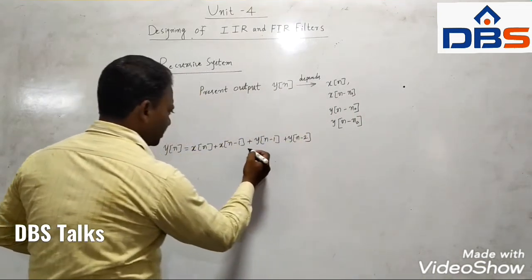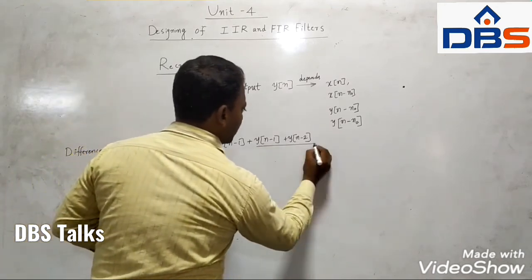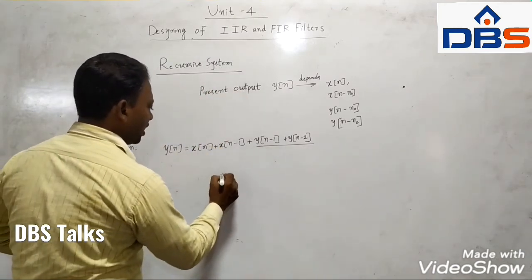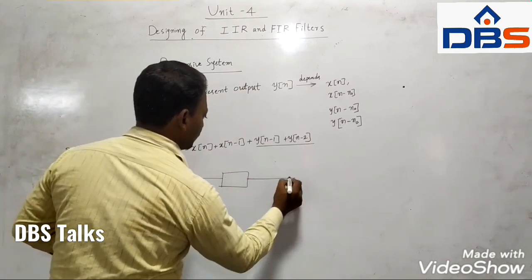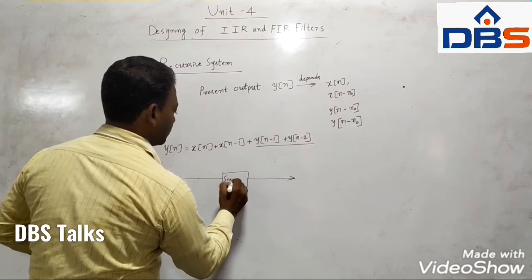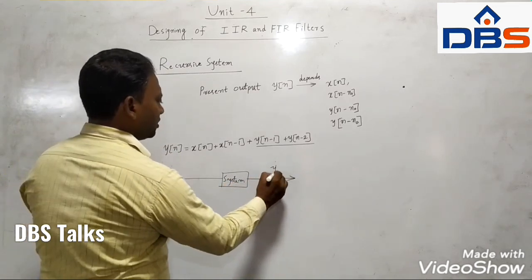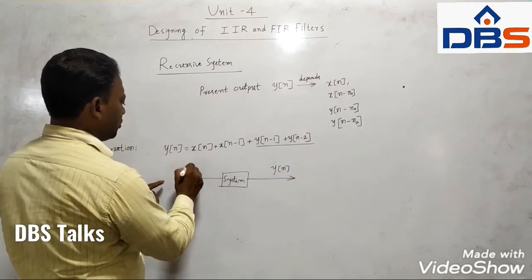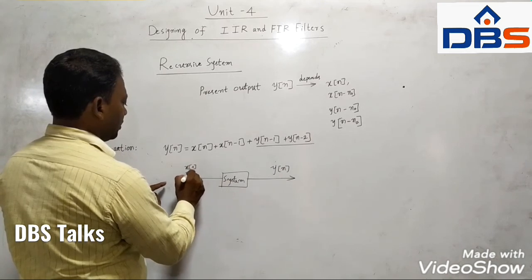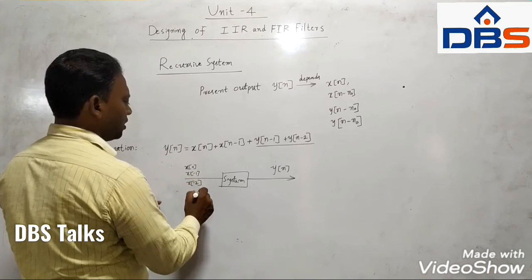The meaning is that in the recursive system, we have a past output. Suppose we have a system like this. If the present output y of n depends on the present inputs x of 0, x of minus 1, x of minus 2, that is okay.